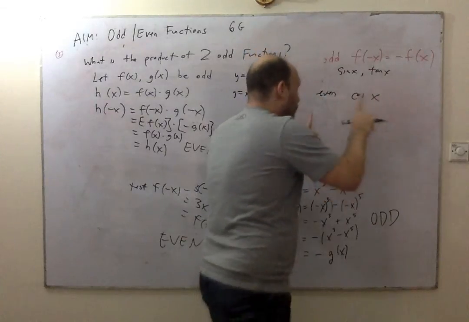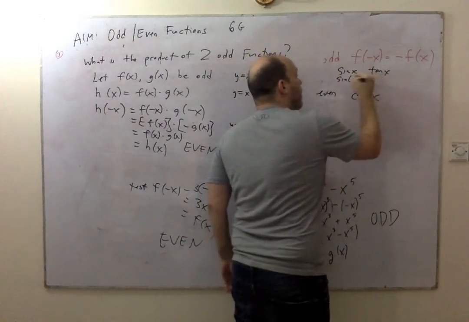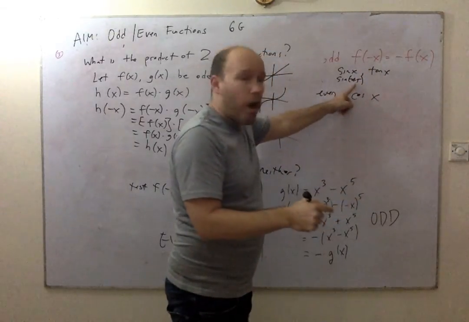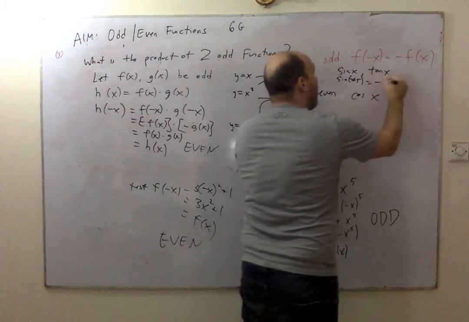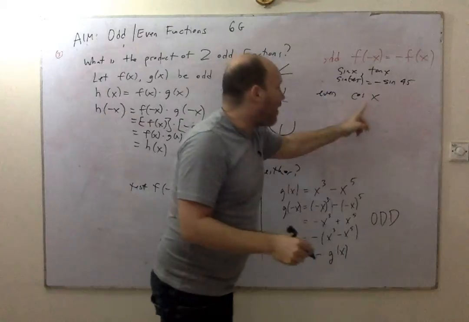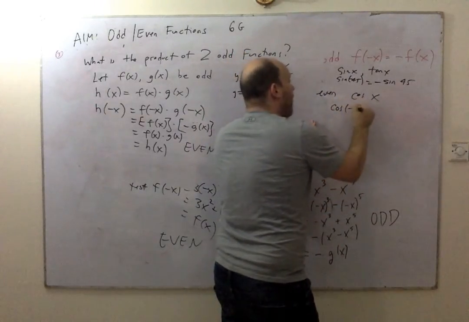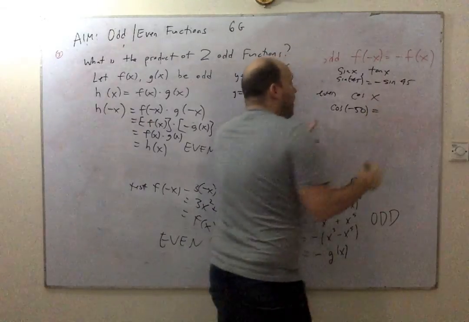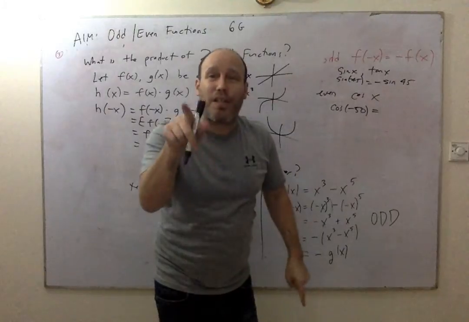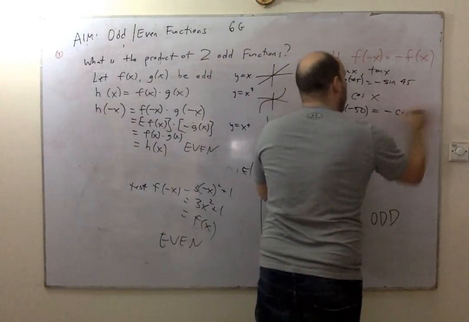That's why, if you have sine of 45, if you have sine of negative 45, that's putting you in the 4th quadrant. So that's like negative sine of 45, right? And then the last thing is cosine is even. Let's think about this. The cosine of negative 50 takes us to the 4th quadrant, but cosine is positive in the 4th. So it's equal to cosine of 50.